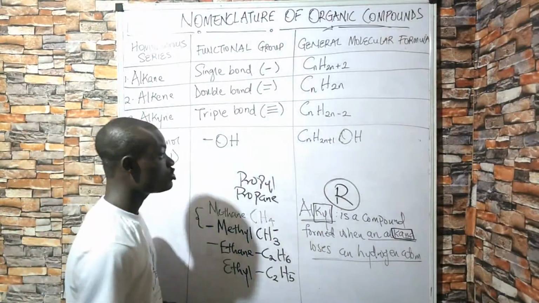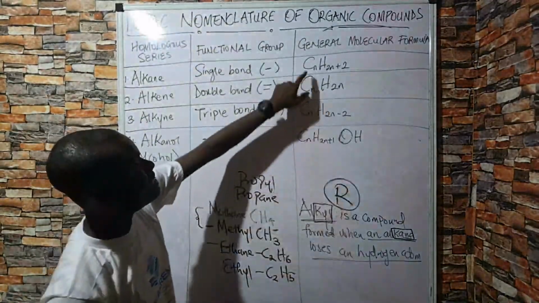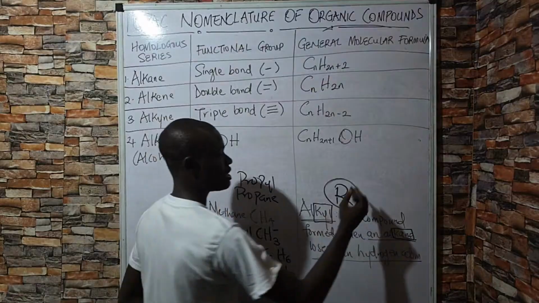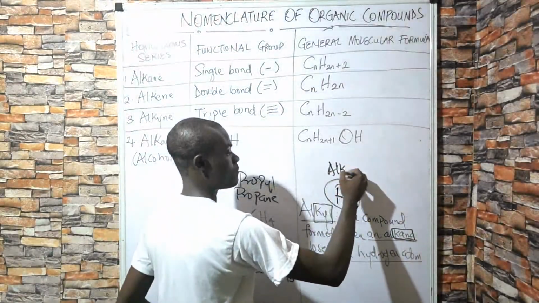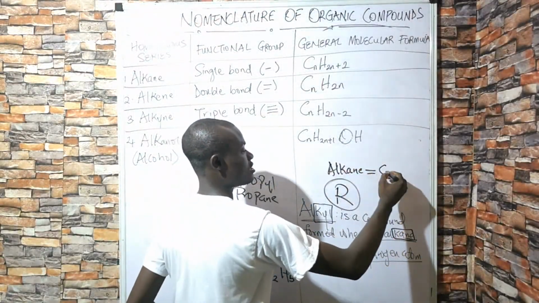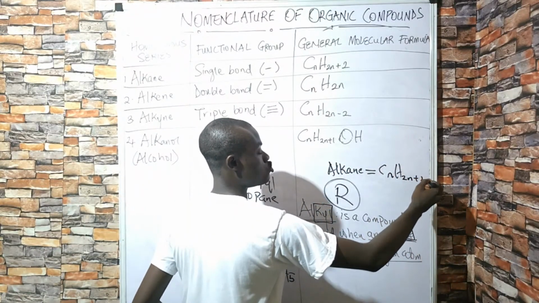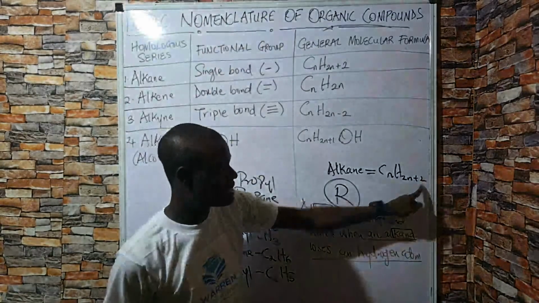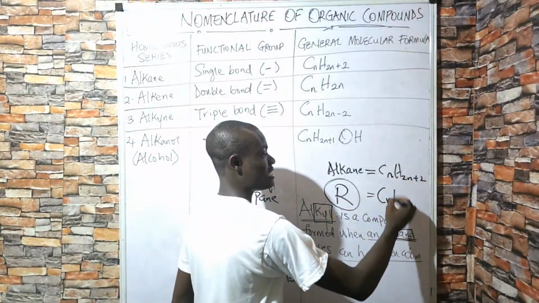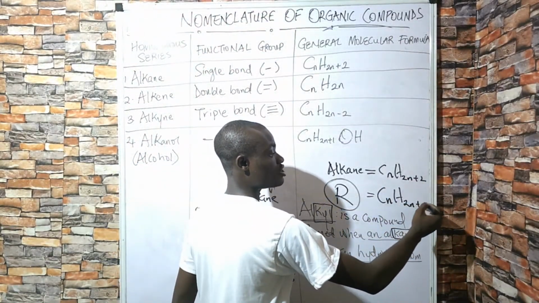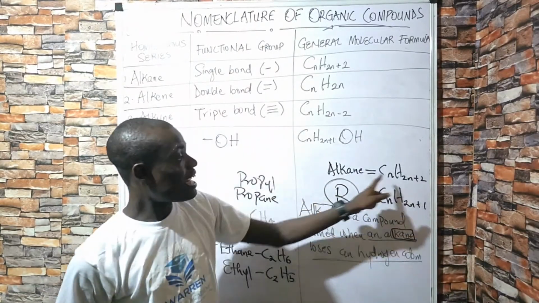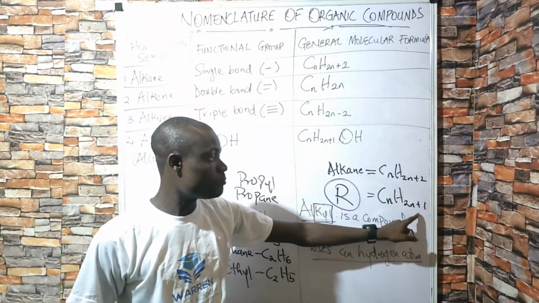Now look at something. An alkane is CnH2n plus 2. So if we remove 1 hydrogen, this is going to be CnH2n plus 1, because an alkane will lose 1 hydrogen to become an alkyl.